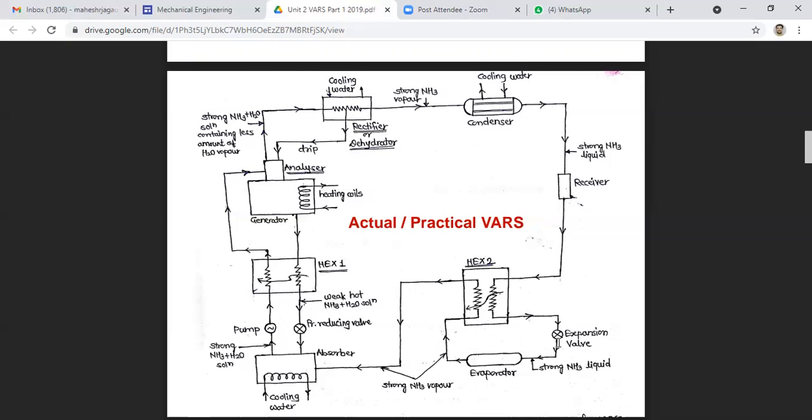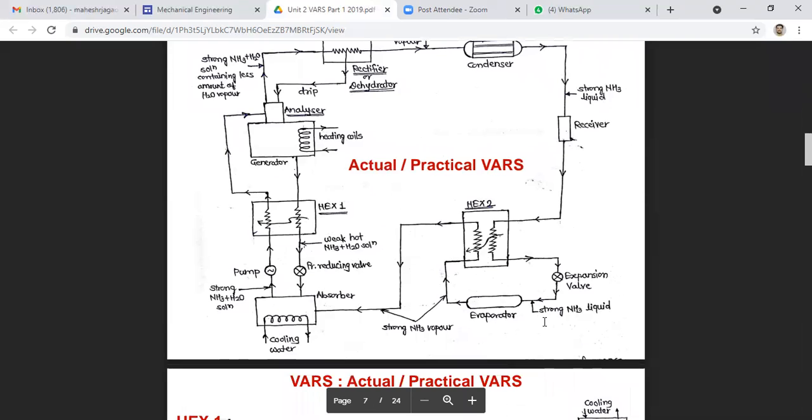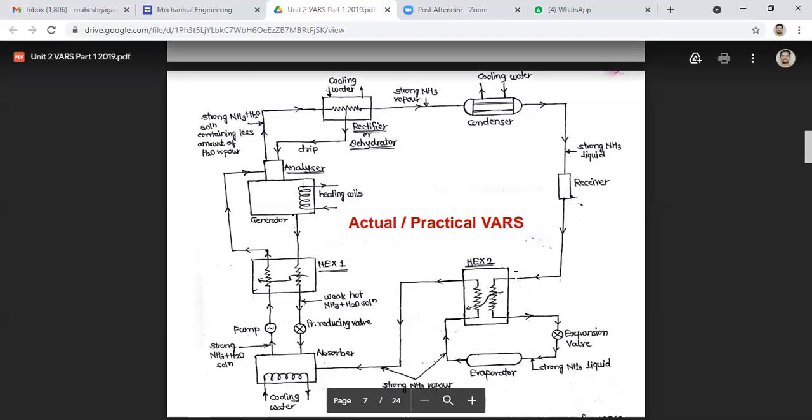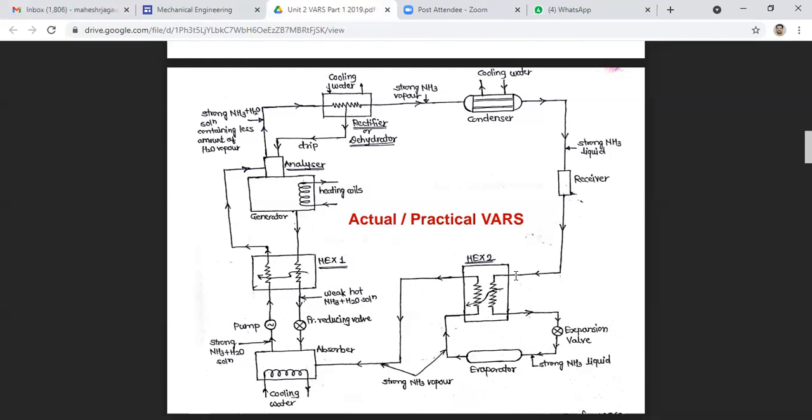This solution is passed through the expansion valve, and strong ammonia liquid is supplied to the evaporator, and in the evaporator heat exchange takes place, and strong liquid ammonia is converted into strong ammonia vapor, and it will again be passed to the heat exchanger and supplied to the absorber. So this is the actual, or we can say practical, vapor absorption system.